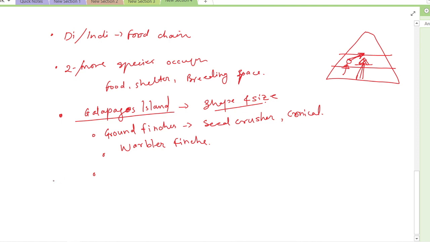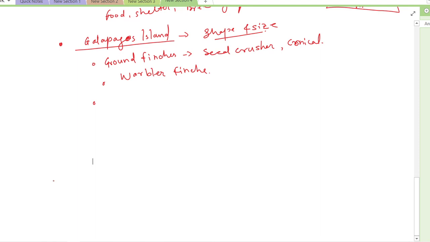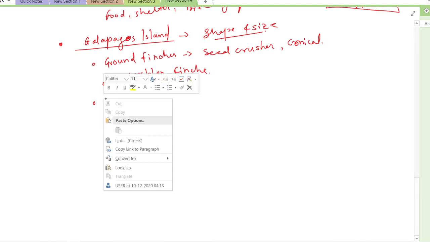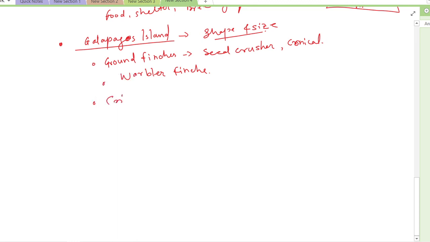But this theory is not proven in everything. There is a criticism related to this. It is not a law like a law of physics or chemistry. Gause's law is not a law in physics and chemistry which is universally proven. It is just a descriptive generalization.